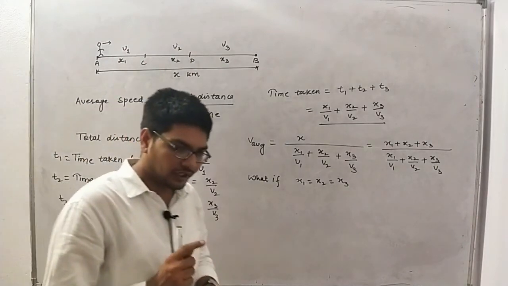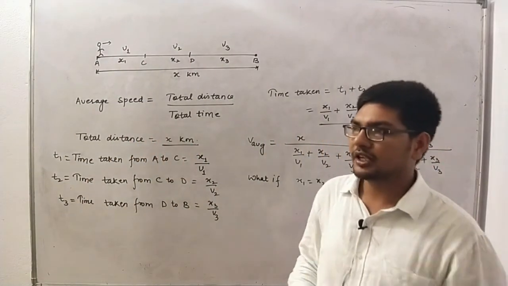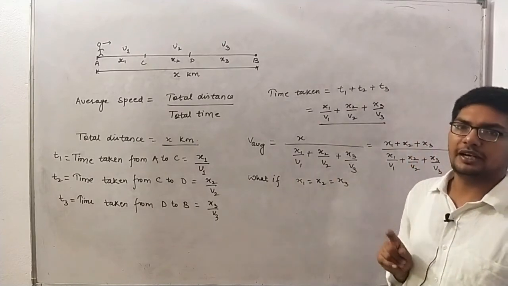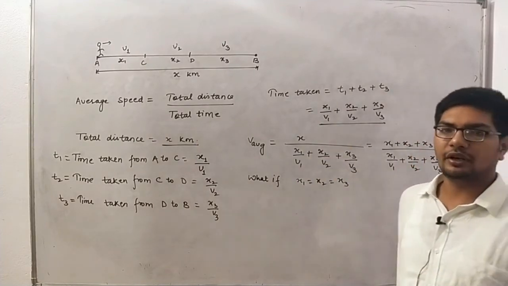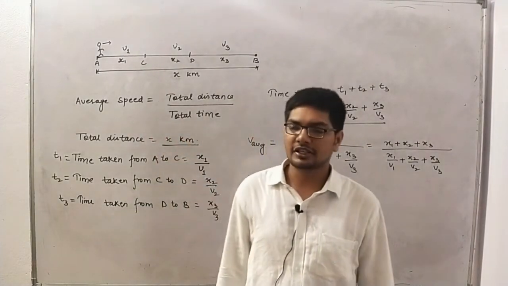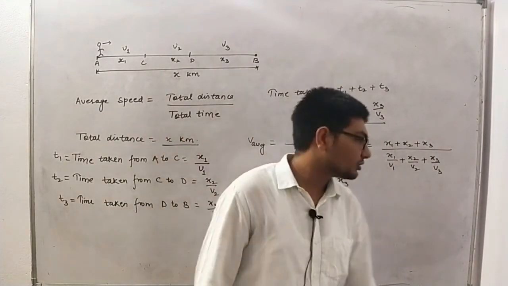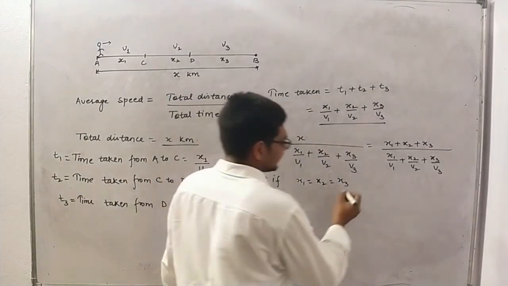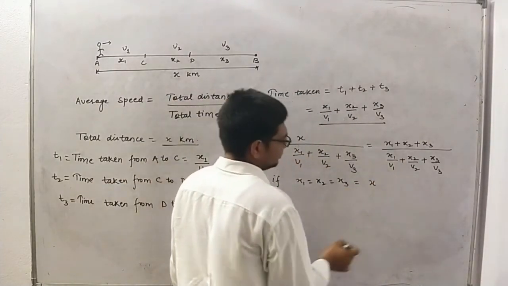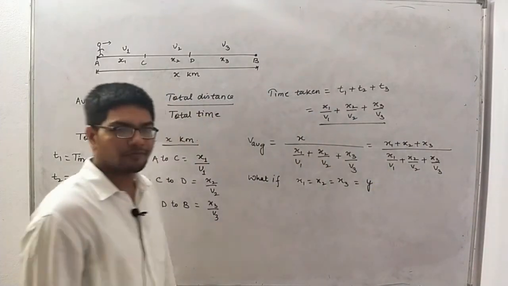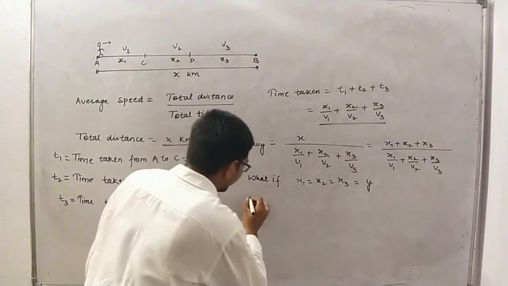He travels the first 3 kilometers with a speed of 40 km per hour, the next 3 km with a speed of 60 km per hour, and the next same distance with a speed of 80 km per hour. So what is going to happen? If x1 equals x2 equals x3, suppose that is equal to y. Now what will be his average speed?